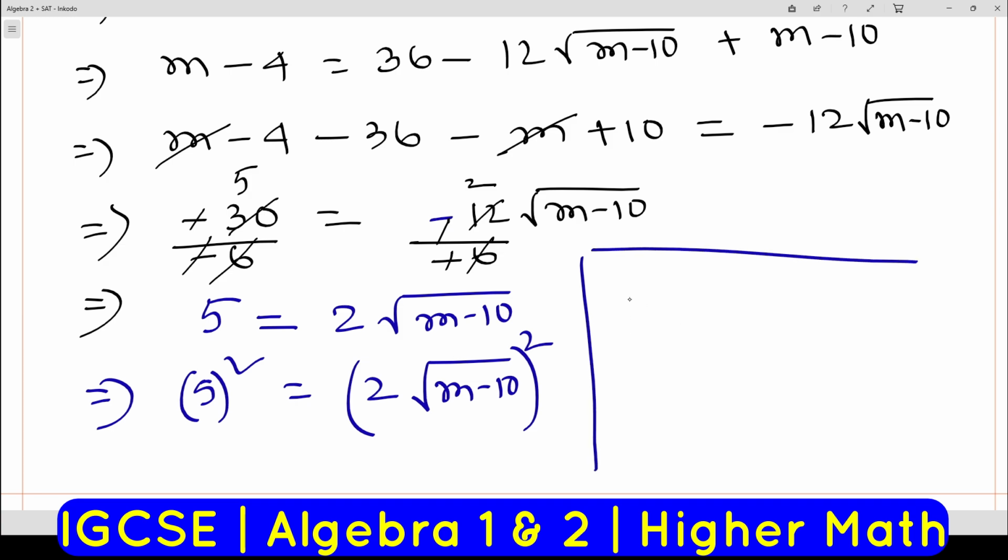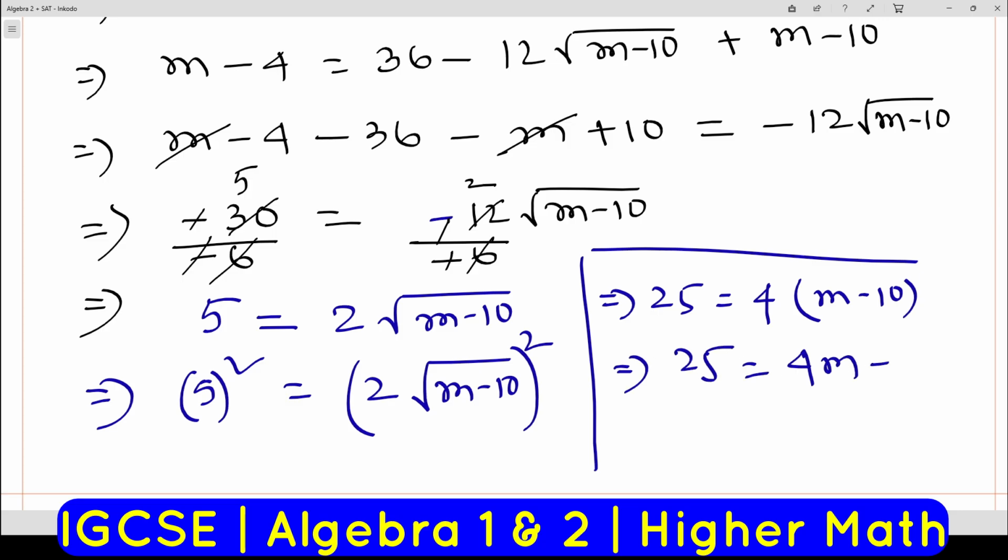So now here is 25, and 2 square means 4, and root over m minus 10 square means m minus 10, root will be out. So here is 25, and here is 4m minus 4 times 10 is 40, right? So now we can exchange everything to the left side.